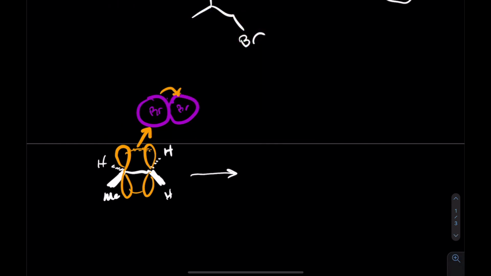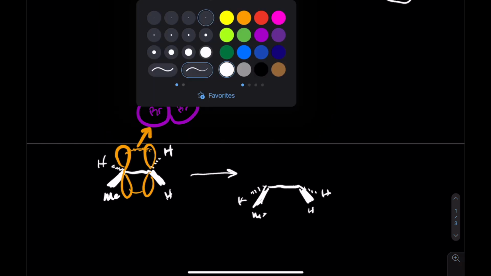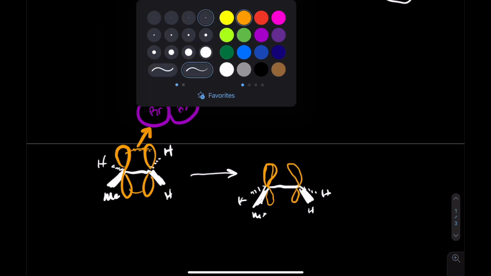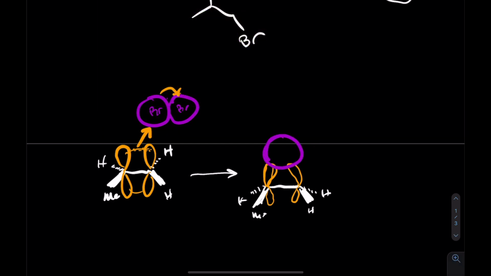And so what you end up with is that this is now kind of drooping down, and the hydrogen's kind of drooping down here, and that one's drooping down here, and then you've got your pi orbitals still kind of there. They're just bending over, and then there's this bromine sitting over here.